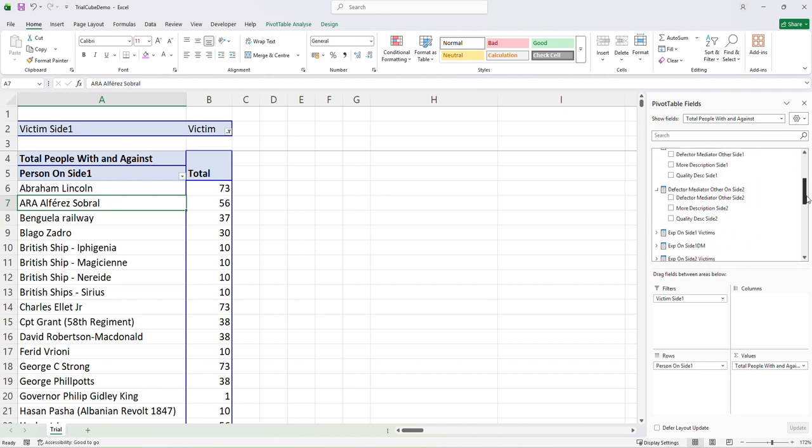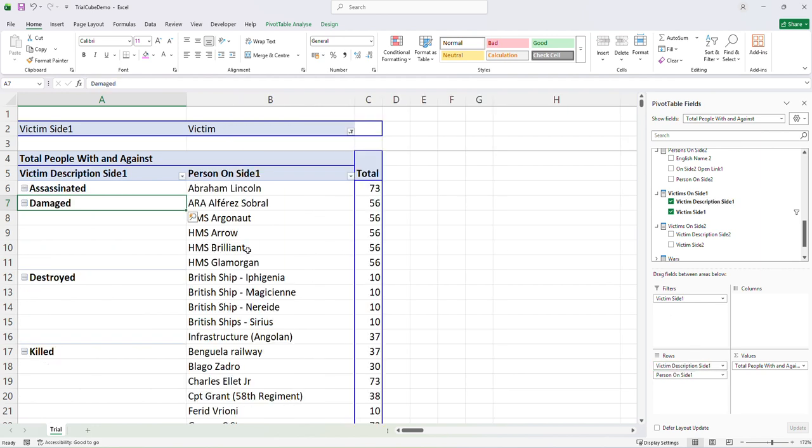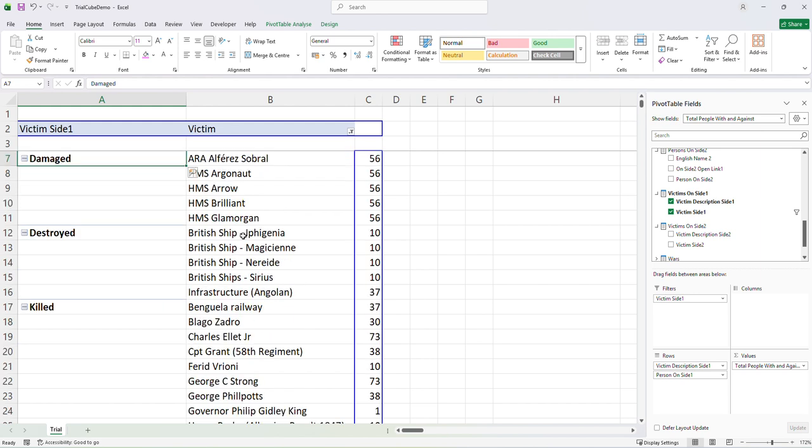Now if I want to know what kind of victimhood they underwent, I just need to bring in the victim type description. It tells me what happened to these people. You'll see some ships that were destroyed or damaged, because they were part of the Falklands War.